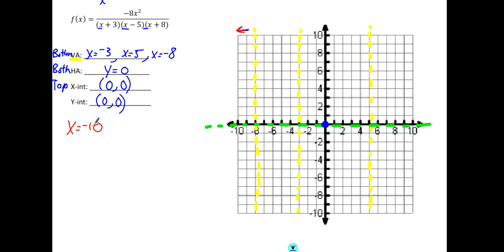And I'm going to do my sign chart. When I plug in -10 into the top, I get a negative. Because a negative number squared will be positive, and then multiplied by a negative number, it will be negative. So the top will almost always be negative. Then the bottom. First factor is negative, second factor is negative, third factor is negative. Negative times a negative is positive, which means it nets a positive number. So I'm on the positive side. So my curve is up here.